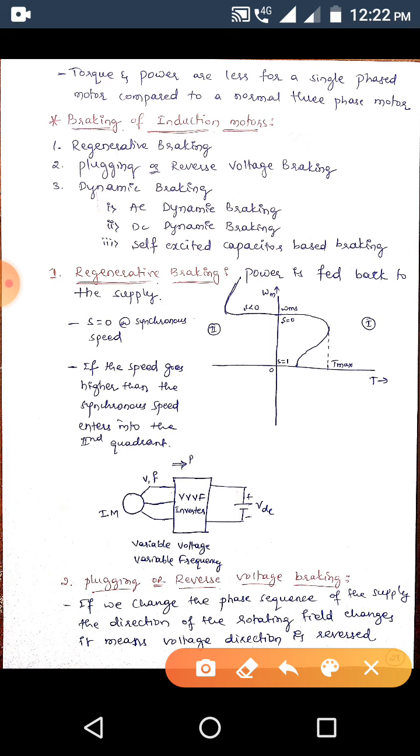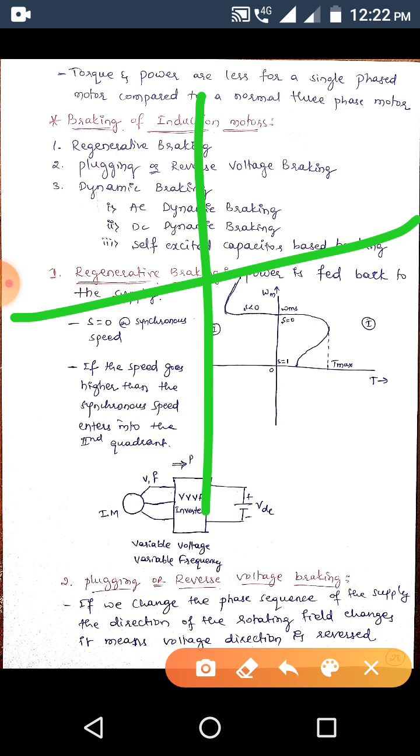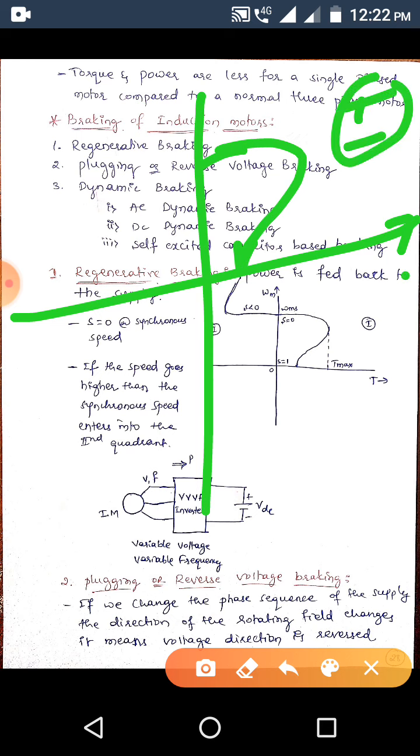Let us draw the speed torque characteristics here. This is the normal characteristics of the speed torque in the first quadrant, torque on the x-axis and speed on the y-axis.